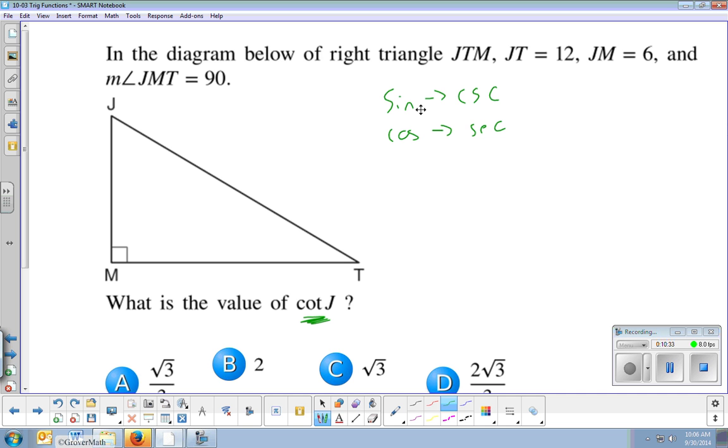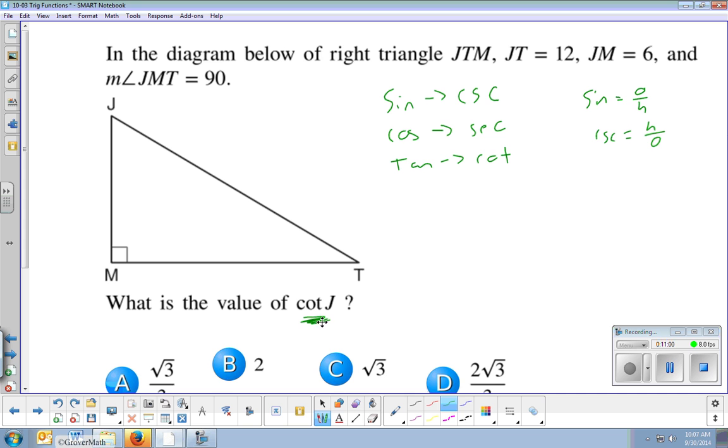You would think sine and secant, cosecant, but it's not. Sine and cosecant go together. Cosine and secant go together. Tangent and cotangent go together. These are reciprocal functions. What that means is, where sine is opposite over hypotenuse, cosecant is hypotenuse over opposite. So you just take the ratio and reciprocal it, flip it upside down.